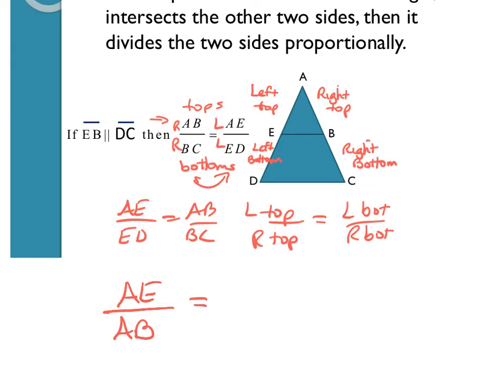These are top over top, and then bottom over bottom. So then here I could do ED over BC. Now these are both the tops, and these are both the bottoms. Either way.